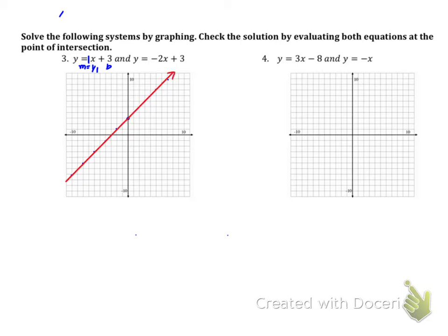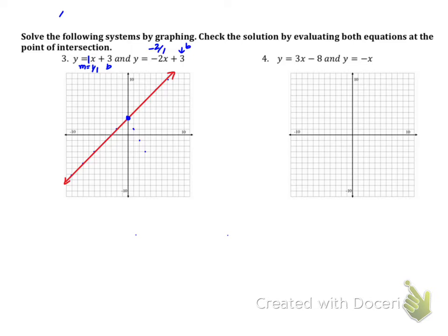That's my equation y equals x plus 3, and then I have to graph my y equals negative 2x plus 3. It means my y-intercept is again at 3 here, and then negative 2x means m is negative 2 over 1, and this is my b. So I will start by going down by 2, run by 1. Down by 2, run by 1 is this, down by 2, run by 1.